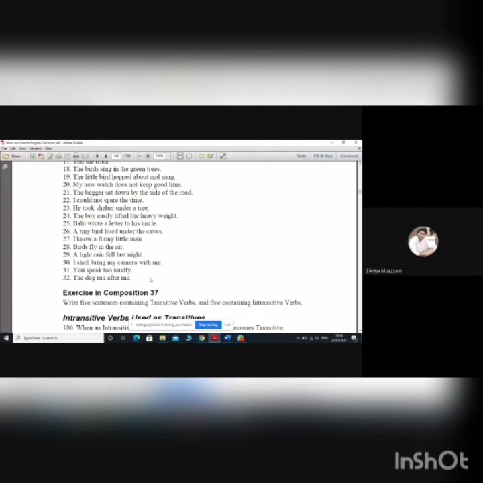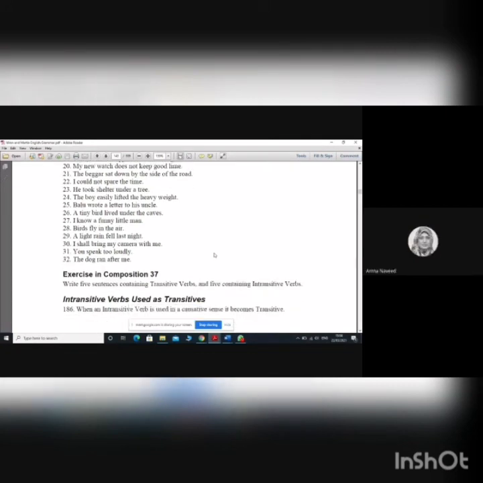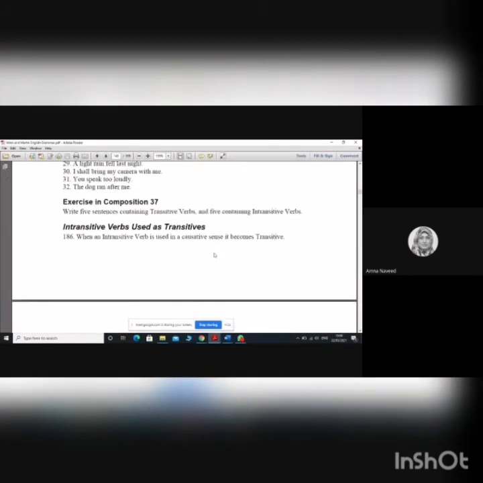Transitive, ma'am. Okay, all right. Now, you do not have to write it as an assignment, but this is for your own understanding only. I have shared with you a few verbs which can be used as transitive verbs and as intransitive verbs. Let me give you one more example.